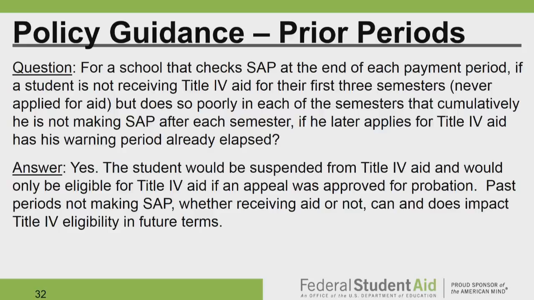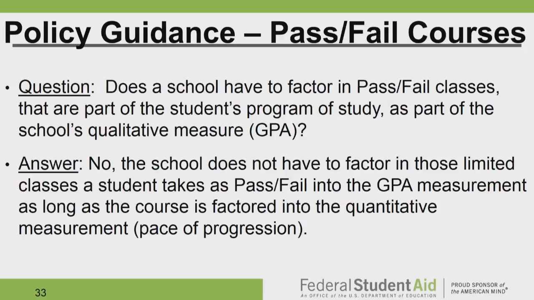Remember I said earlier, you don't have to notify them of that if they're not getting Title IV aid. That's your choice. But that warning period has been used up. Prior periods, whether they receive Title IV aid or not, do impact their SAP. So this student, if they were to obtain Title IV aid, would have to successfully appeal and be placed on probation.